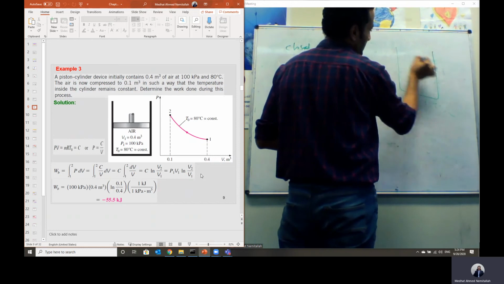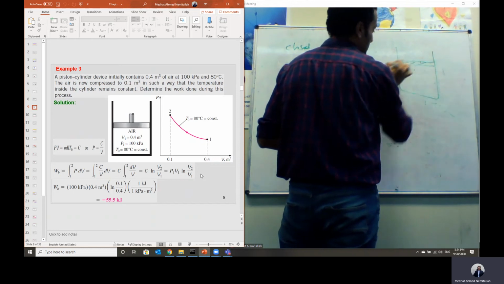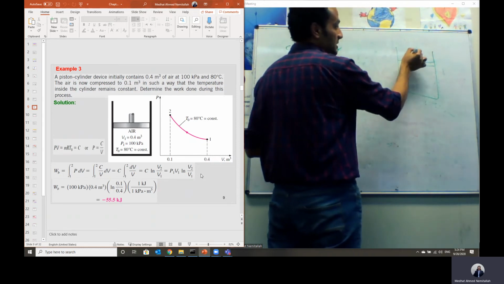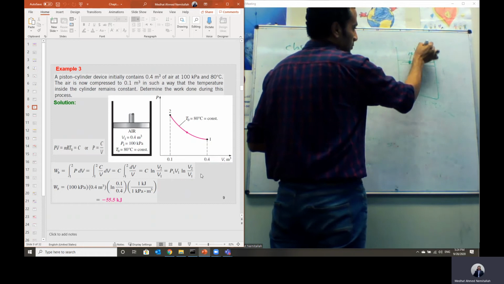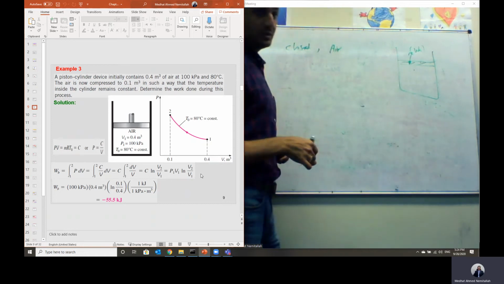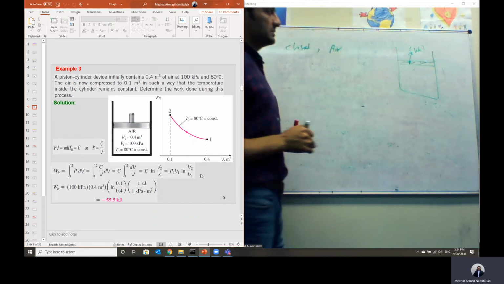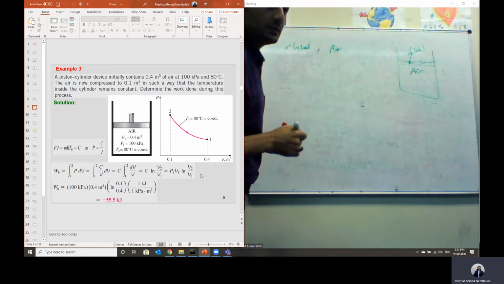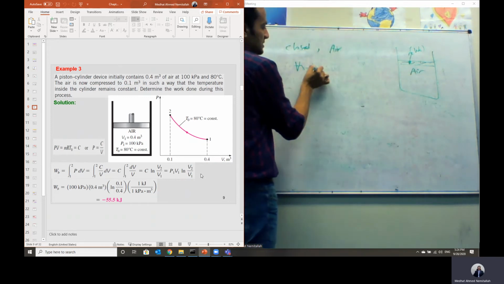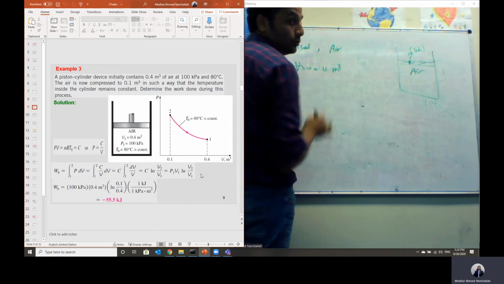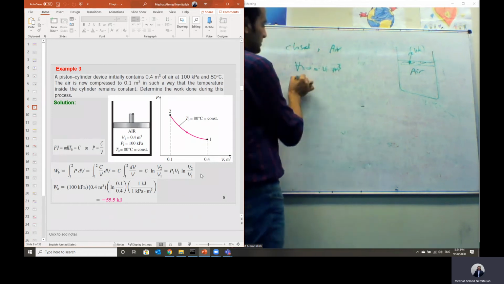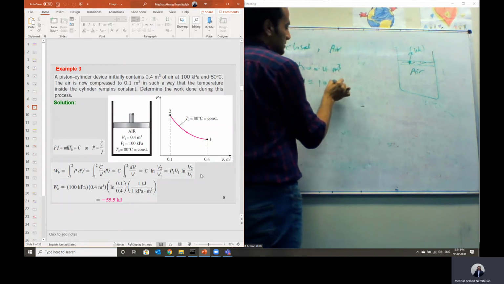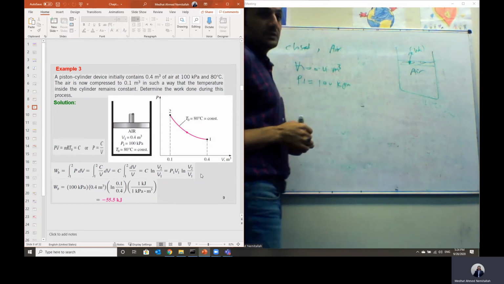And we have a piston cylinder device, and this piston can move. Then in this case, we should have boundary work, either expansion or compression. So we have air. This air initially has a volume V1 of 0.4 meter cube, and a pressure P1 equal to 100 kilopascal.